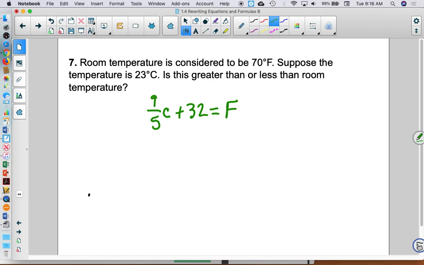If we were 23 degrees Celsius, is that greater than, less than, or equal to 70 degrees Fahrenheit?